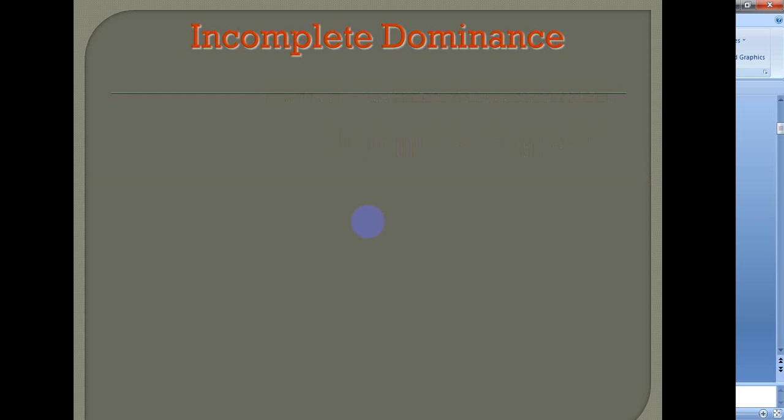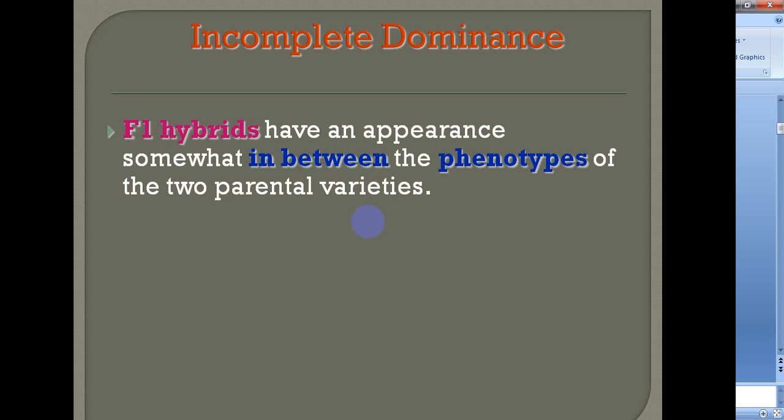One of the non-Mendelian inheritances is incomplete dominance. In Mendelism, we have seen that one allele is dominant over the other, but here none of the alleles is 100% dominant over the other, and the F1 hybrid has an appearance somewhat in between the phenotypes of the two parental varieties.